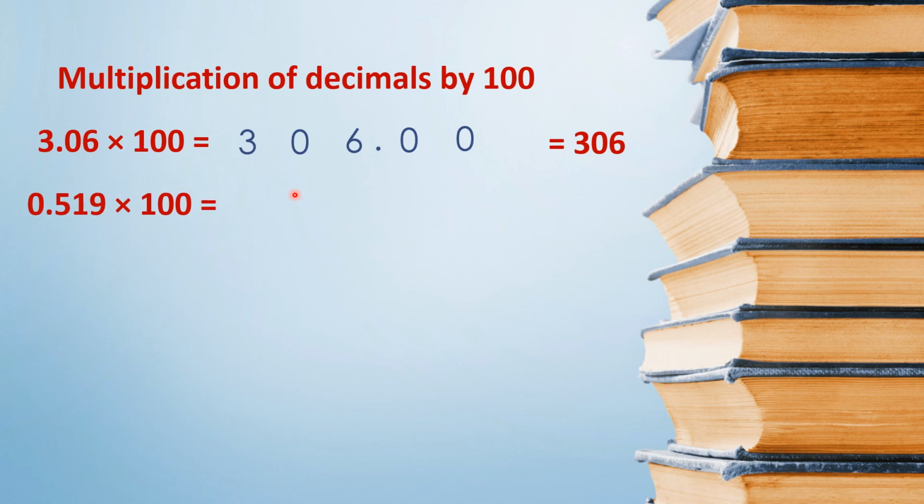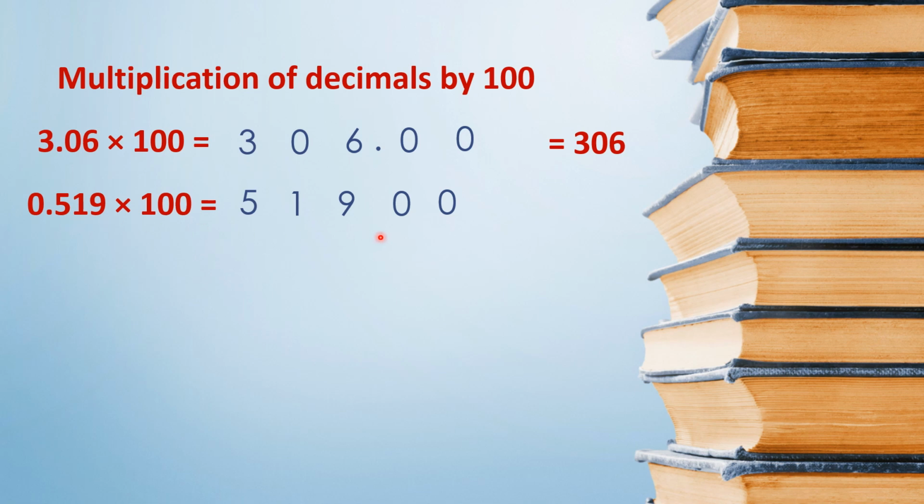In this way, let us do one more question. 0.519 multiply by 100. Just multiply 519 by 100. What you will get? 51900. Now we need to put the decimal. How many places? There are 3 decimal places in this decimal number.